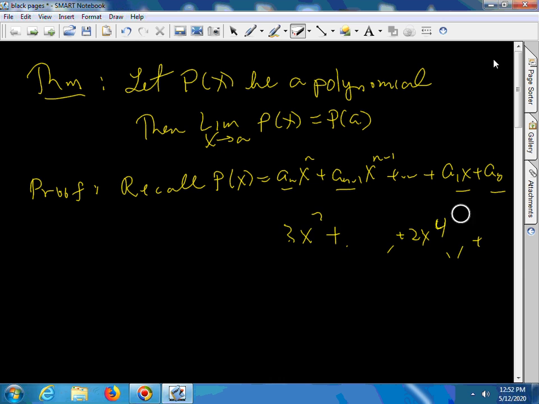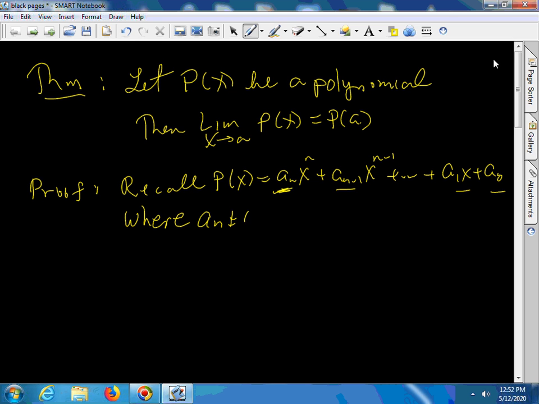And we are going to make one assumption, where the first constant is not 0. If it were 0, fine, then we'd have the polynomial that starts off with a sub n minus 1. So let's assume that a sub n is not 0.